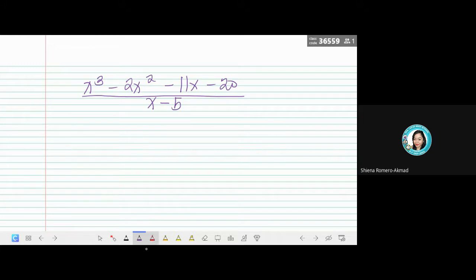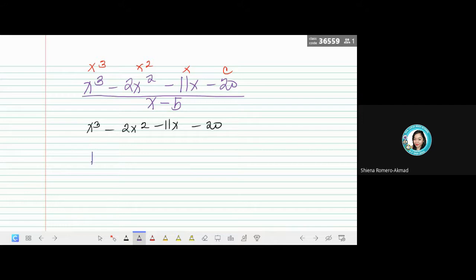So, ang gagawin natin is we will check the terms. Constant, x, x squared, x cubed. Kompleto. Next is to get their numerical coefficient. So, let me rewrite it here. We have x cubed minus 2x squared minus 11x minus 20. So, kailangan kunin natin yung mga numerical coefficient nila.